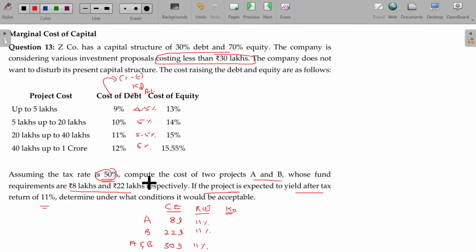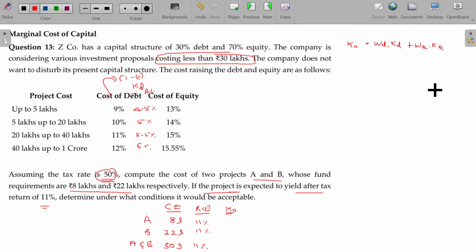Now, up to 5 lakhs, how do we calculate the overall cost of capital? KO equals weight of debt times cost of debt plus weight of equity times cost of equity.